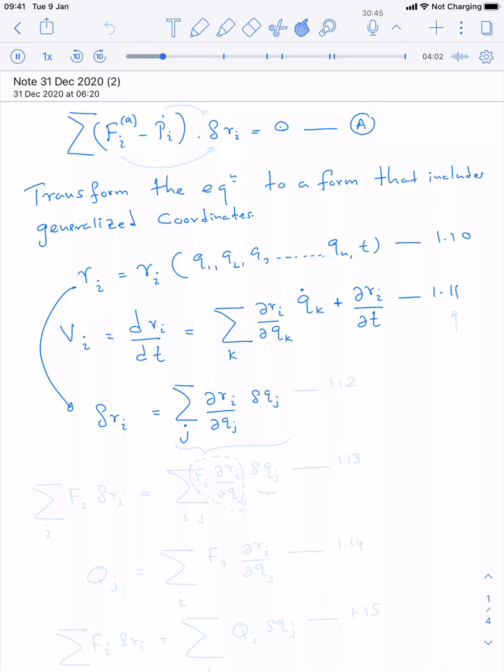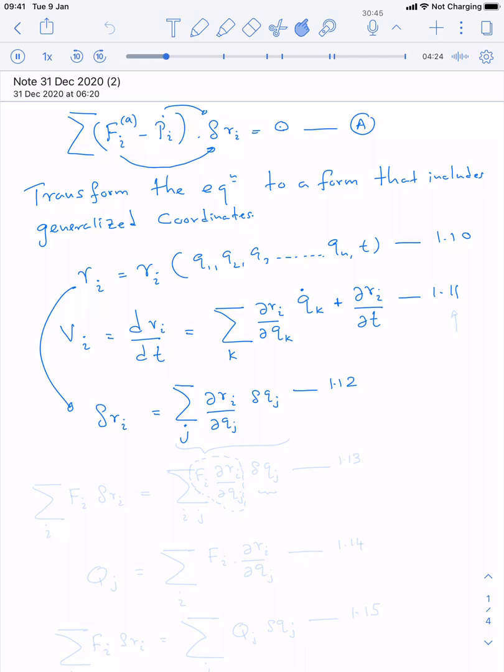Right. So let me name this as 1.12. Now you can see that there are two terms in equation A, that is Fi times delta Ri and Pi dot times delta Ri. So let's take those two terms separately.